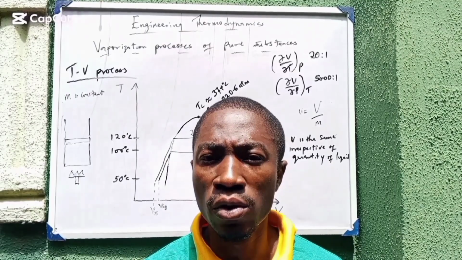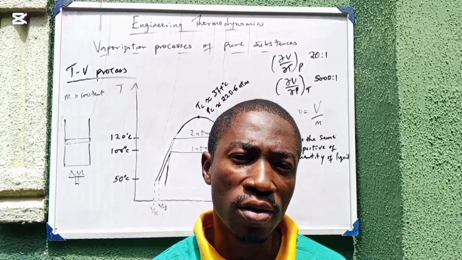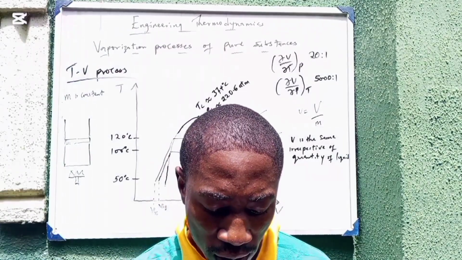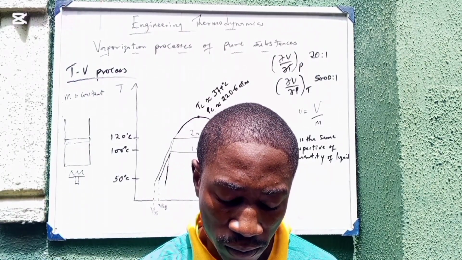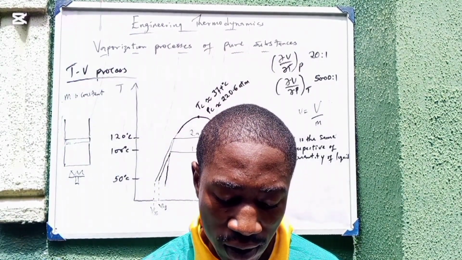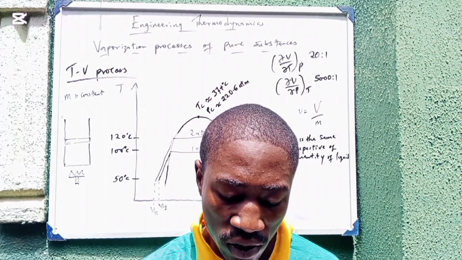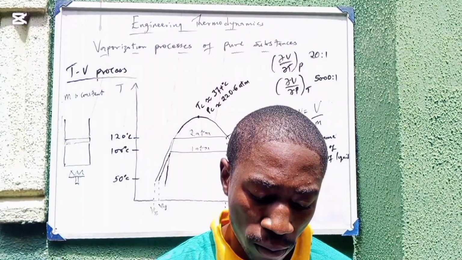So the first one we want to look at is the TV process, that's the temperature-specific volume process. Generally, at constant pressure, the volume of a pure substance increases with increasing temperature, though the relationship is not usually linear or proportional.